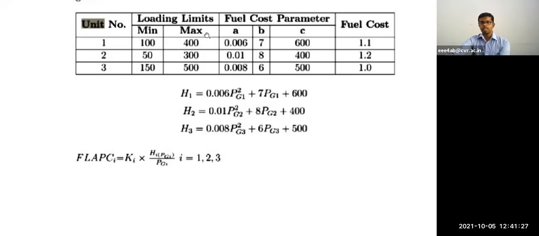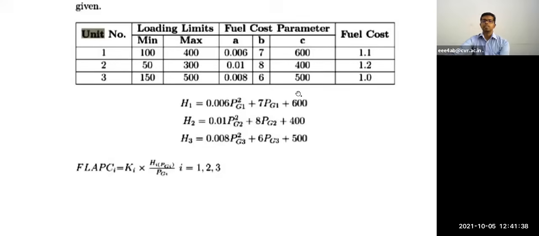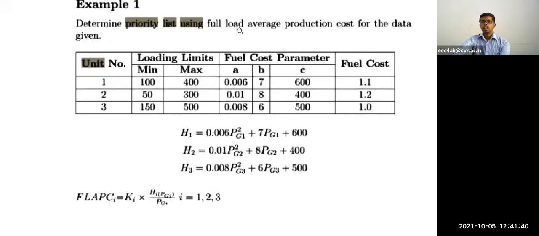Here we have taken 600, 400, and 500 megawatt. Sometimes the problem itself gives that the power generation from the first generating unit is 600 megawatt, the second 400 megawatt, and the third 500 megawatt.